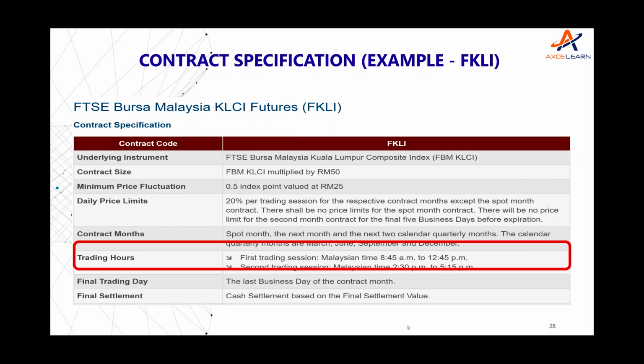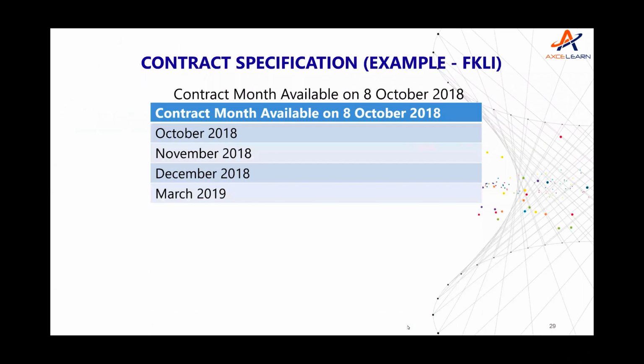Let me show it to you. I'll give you an example from a screenshot I took on the 8th of October. If today is the 8th of October, your spot month will be October, and the next month will be November. The following 2 quarter months will be December and March.